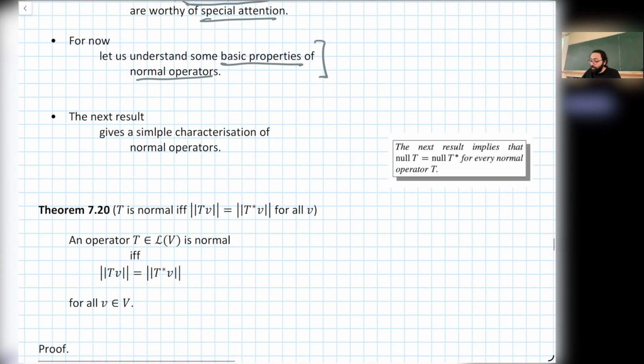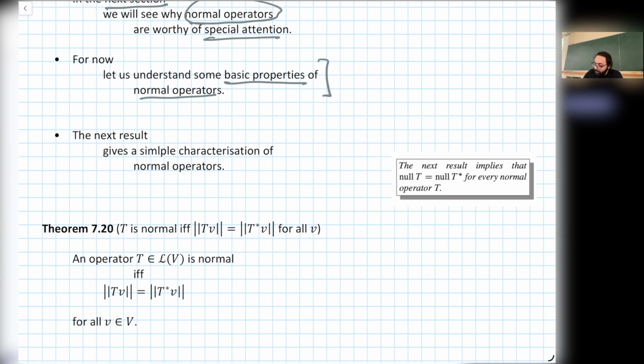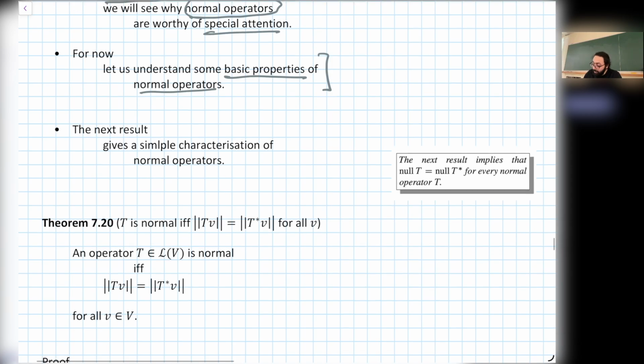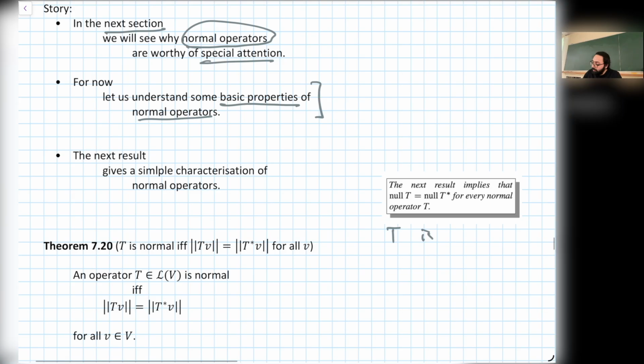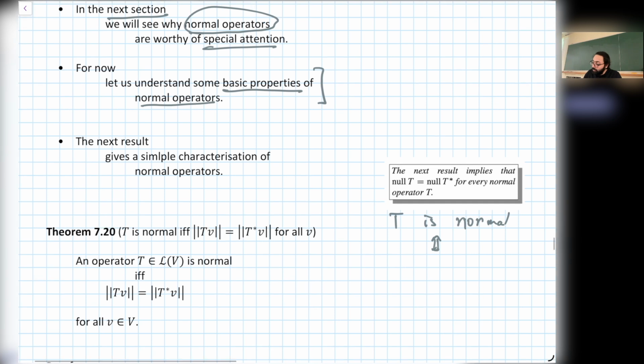So here's a very beautiful characterization of these normal operators. What does it say? It says that T being normal is equivalent to checking whether the norm of TV is the same as the norm of T star V for all V in the vector space.